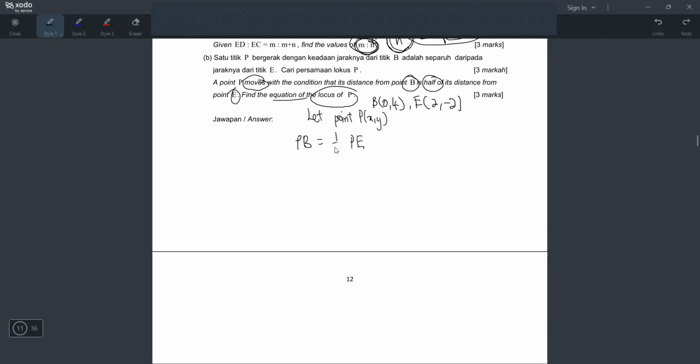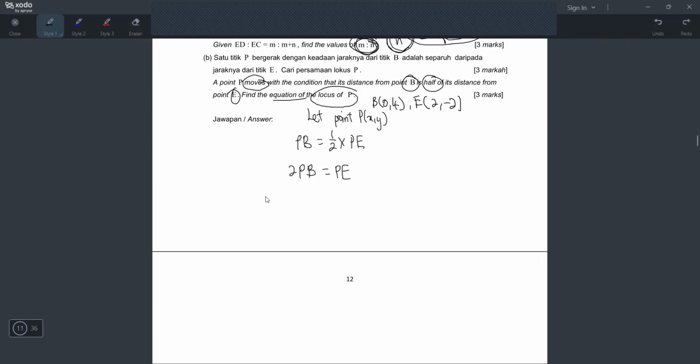So PB distance is half. So I have to write 1/2 here. Okay. Or maybe some students don't want to write 1/2. They want to write like this. Can also. All right. Actually, it's better if you write like this because there's no fraction, right? Because if I say PB distance is half of PE, it means I can move the 2 over 2 here, becomes times 2 like this. Okay. So actually, it's better to do it like this.